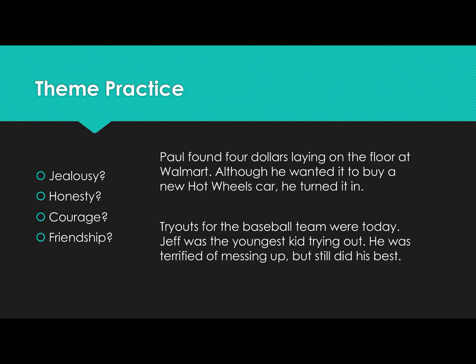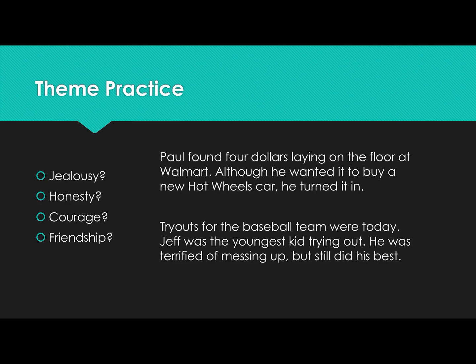Although he wanted it to buy a new Hot Wheels car, he turned it in. So we need to think, what is the theme and how do we know? So the theme here would be honesty, because Paul found something that wasn't his and turned it in, right? He did the right thing by turning it in. So honesty would be our theme.